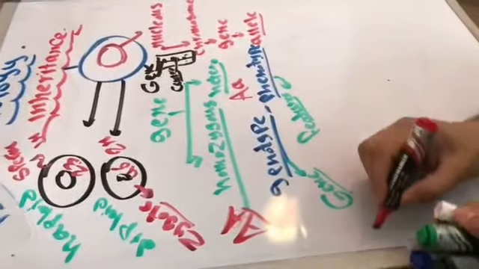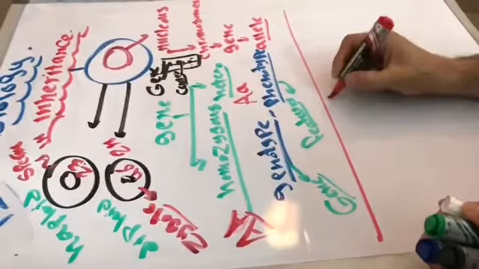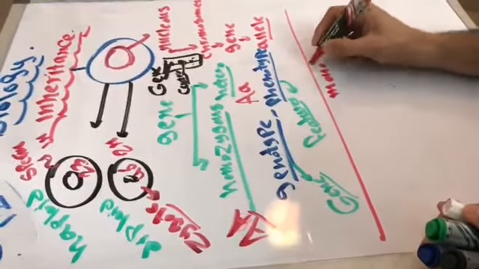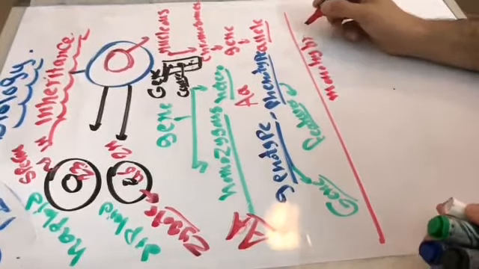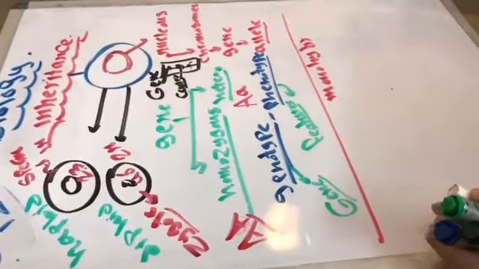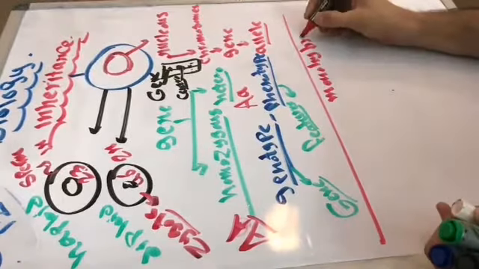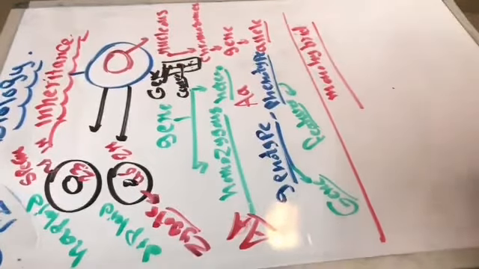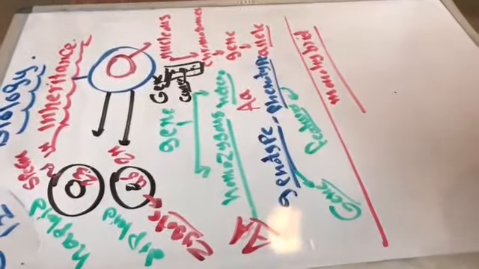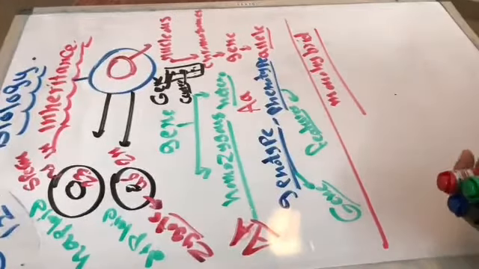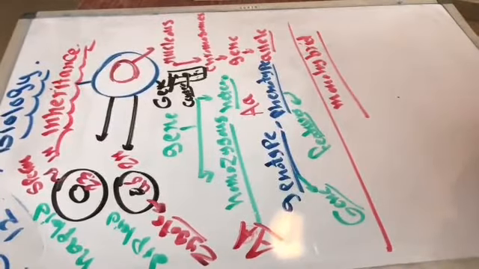Start to move to another part of inheritance, monohybrid. Monohybrid is a very important point, and you must understand it. Monohybrid means one characteristic, studied by the genetic diagram.